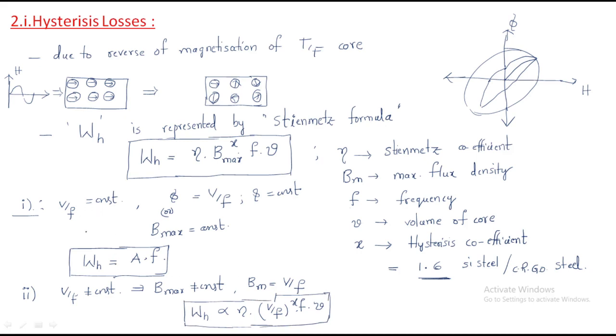The first condition: if voltage per frequency is constant, then hysteresis loss equals A into F, where A is some constant. If V by F is not constant, then hysteresis loss is proportional to neta V by F whole power x into F into V. This is about the hysteresis loss and the related formulas.